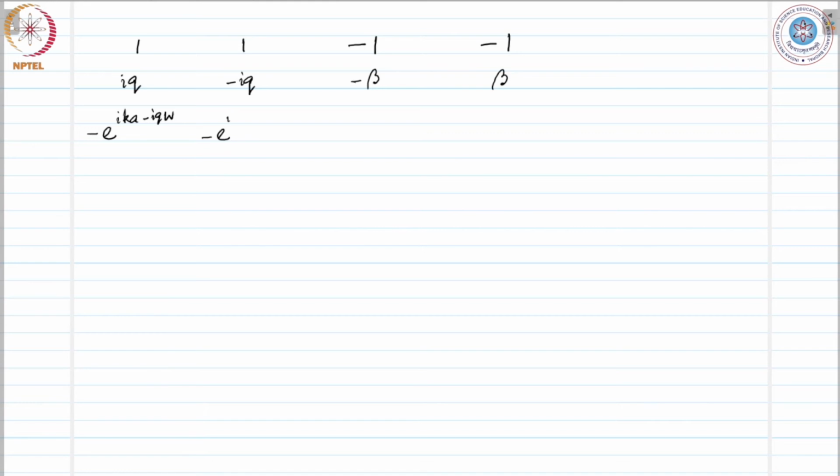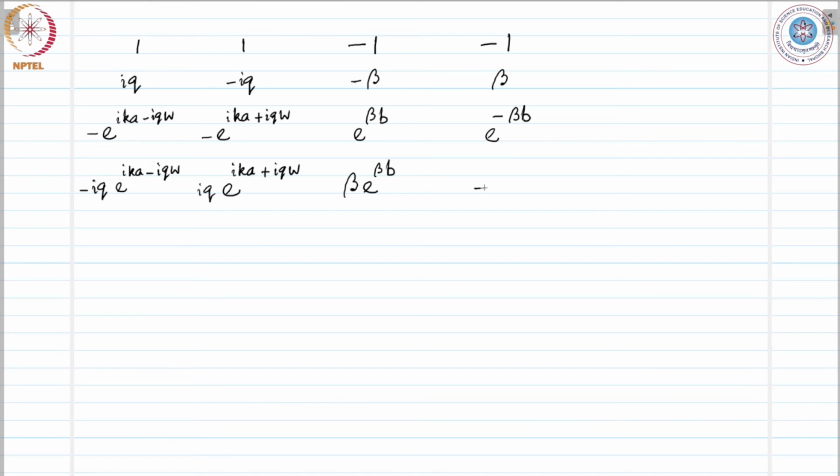minus e^(ika) e^(iqw), e^(beta b), e^(-beta b), and minus iq e^(ika) e^(-iqw), iq e^(ika) e^(iqw), beta e^(beta b), minus beta e^(-beta b).